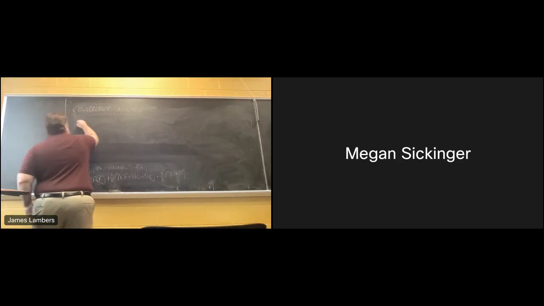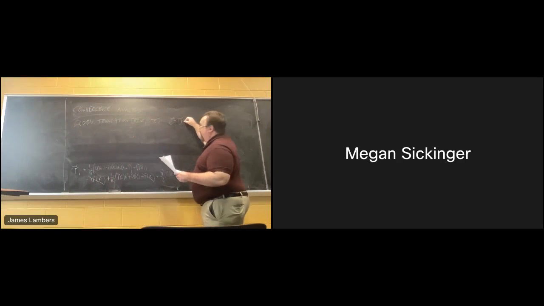That is global truncation error, GTE. And that is defined to be a vector E equals U minus U hat. So a straightforward idea of error, exact solution minus computed solution. So really we want to make sure that that goes to 0 as H goes to 0.